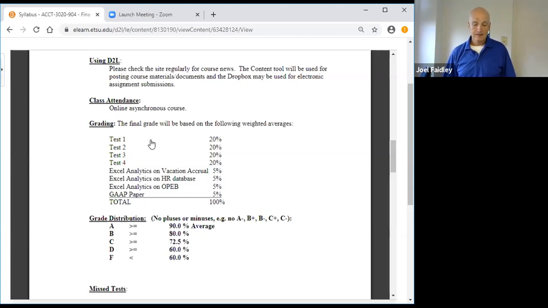So these 3 Excel assignments and the gap paper are meant to enhance your learning skills, how to function in business using Excel, which most companies require a high degree of proficiency in, and also to be able to articulate your thoughts. But there's really no reason why you should not make 100 on those.